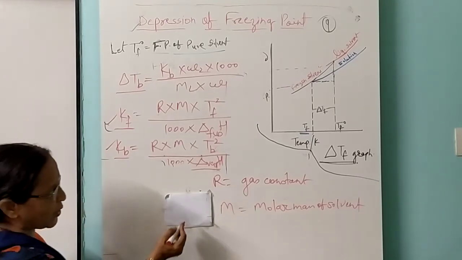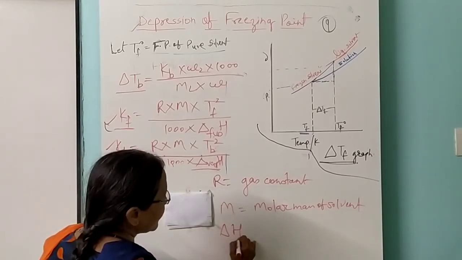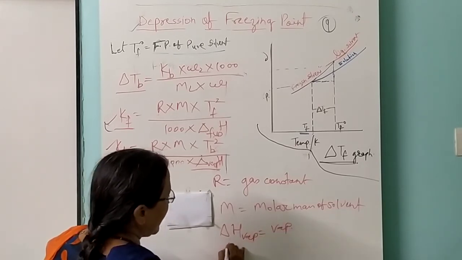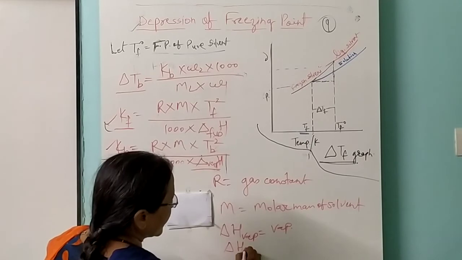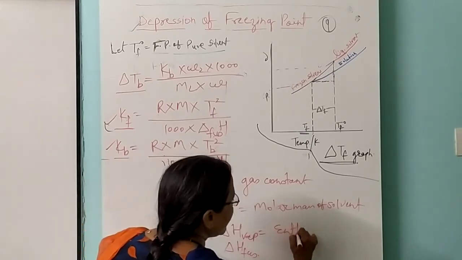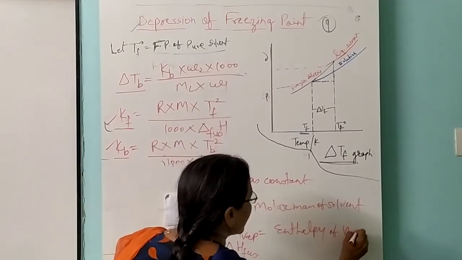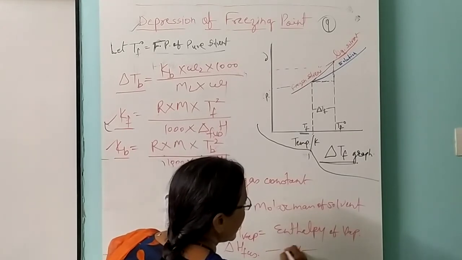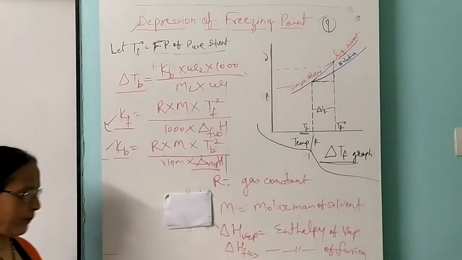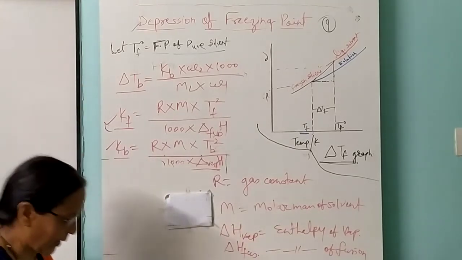These are the enthalpies: delta H V is enthalpy of vaporization, and delta H fusion is enthalpy of fusion. Write down the terms. So in this way, elevation and freezing point also we can calculate.